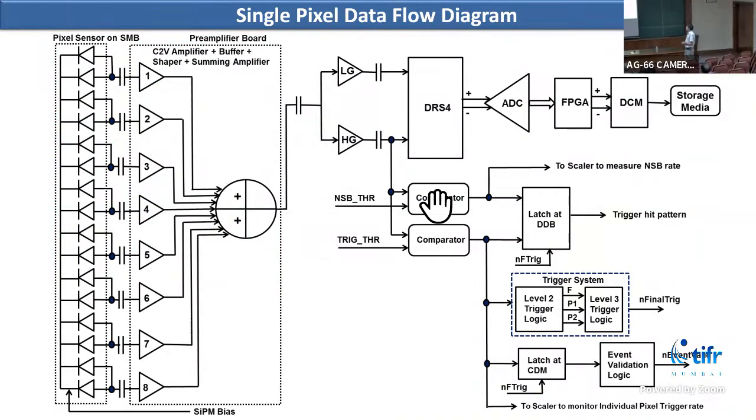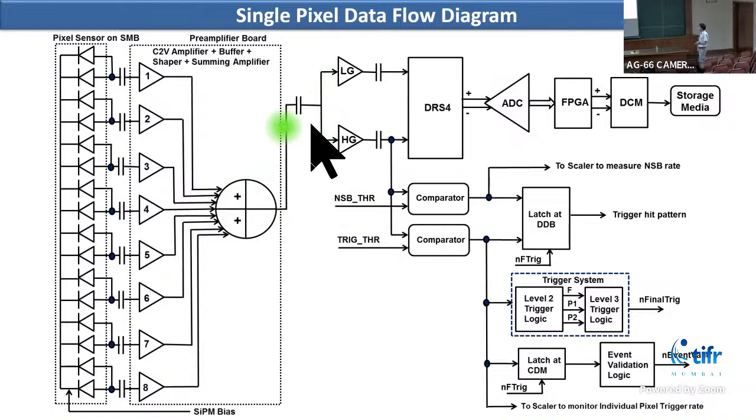So this is the simplified data flow diagram for a single pixel. Here, this is a silicon photomultiplier mounted on the sensor mount board, and to save cost, power, as well as space, these subpixel pairs are passively shorted, so 8 analog signals come to the pre-amplifier board, where they are amplified, shaped, and then summed to generate a pixel signal.